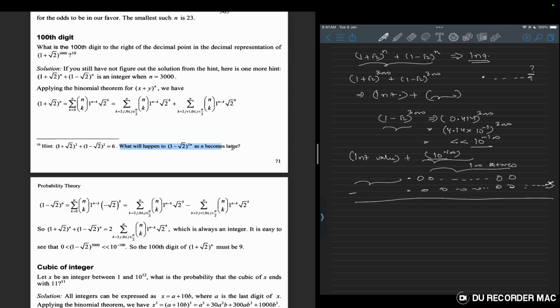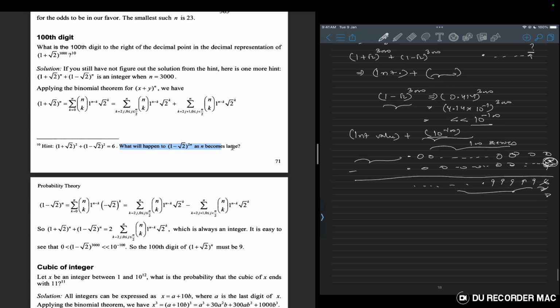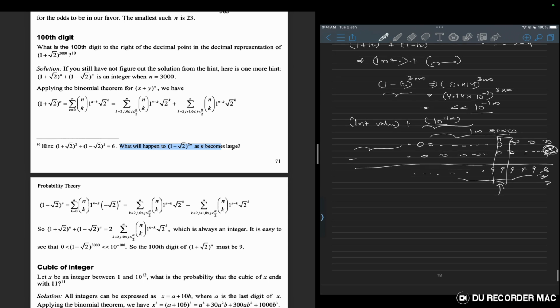When you subtract it, you can take x as anything: 2, 3, 4, anything. If it's 4, 0 becomes 4, it is 6, and all the remaining values will be 9. No matter what x is, 6 or 7 or 8, it doesn't matter, all the values before it will become 9. And we are being asked what is the 100th place value. So clearly the 100th place value would be 9.